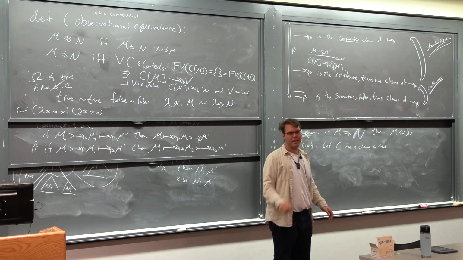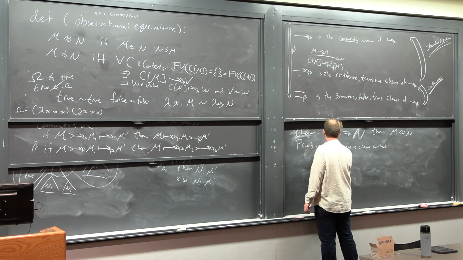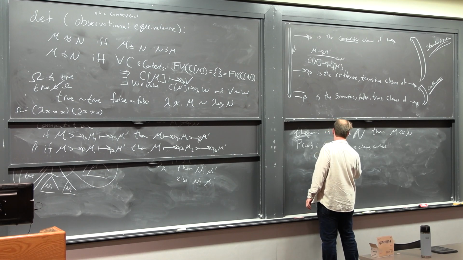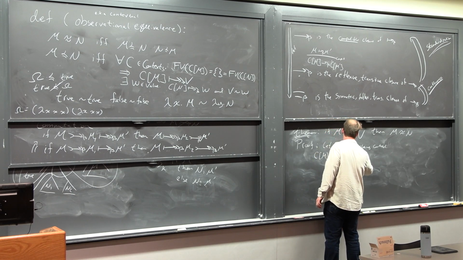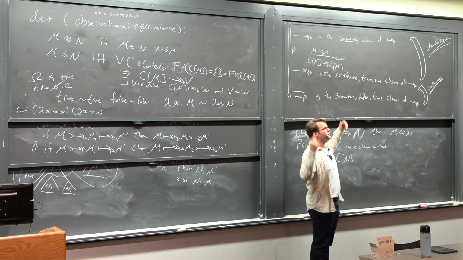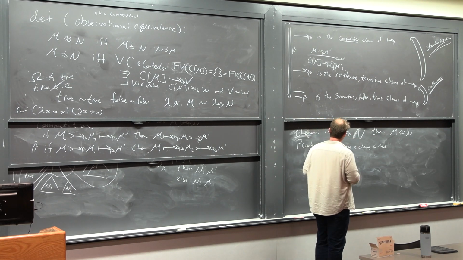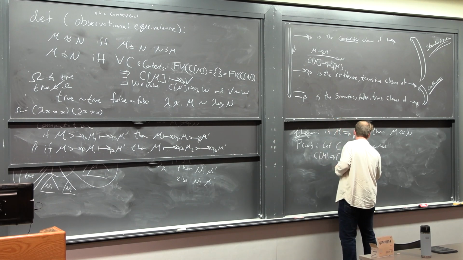Suppose it's an arbitrary context. Then I know that C of M rewrites to C of N by compatibility. That's just by definition of these rewriting rules. If they're equal, then they're equal in all contexts by definition. That's inductively assumed. So this is by definition.